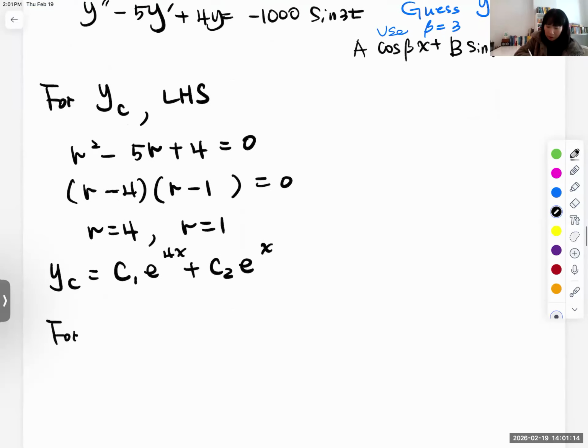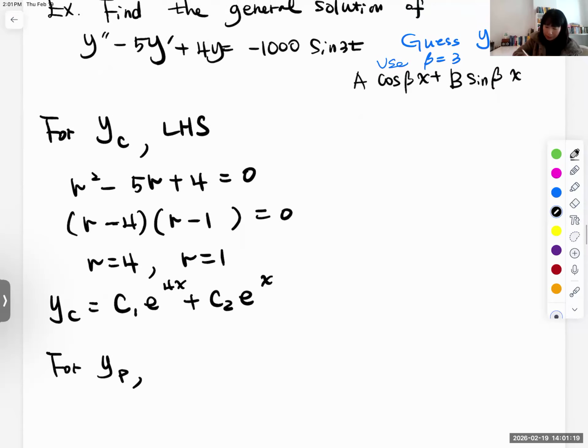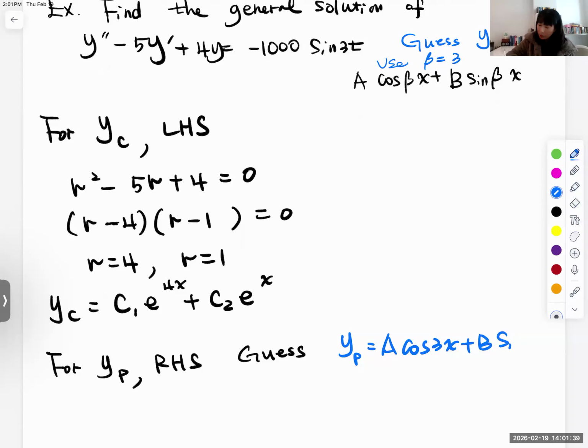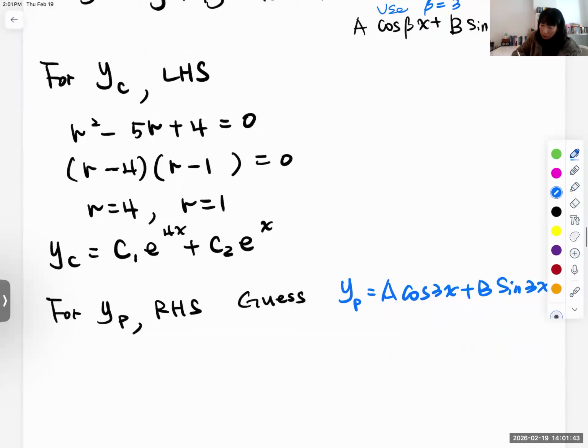Okay, now for the particular solution, right hand side, from the guess, we have A cosine 3x plus B sine 3x. Okay, now derivative.